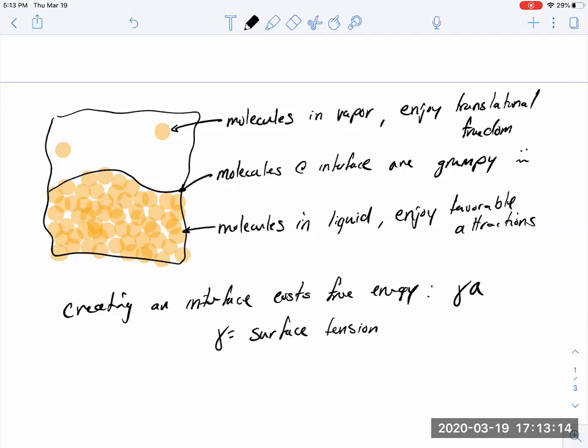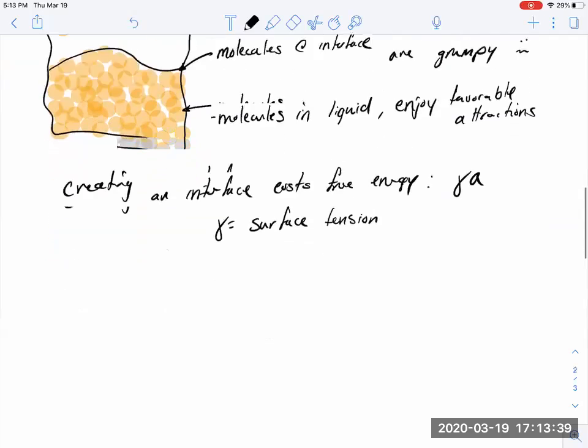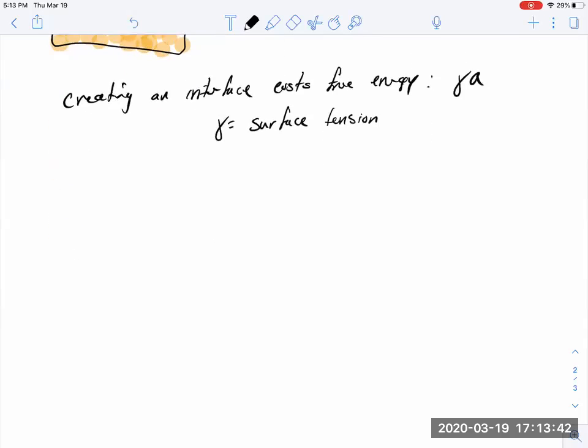Those droplets of aerosol, hopefully not coming out of all of your mouths, are, if you were to zoom in on them, roughly spherical because they're minimizing that interface, because there is a free energetic penalty to do that, and a droplet is the shape of minimum surface for a given volume. Okay. So there's a free energy penalty to create a surface.